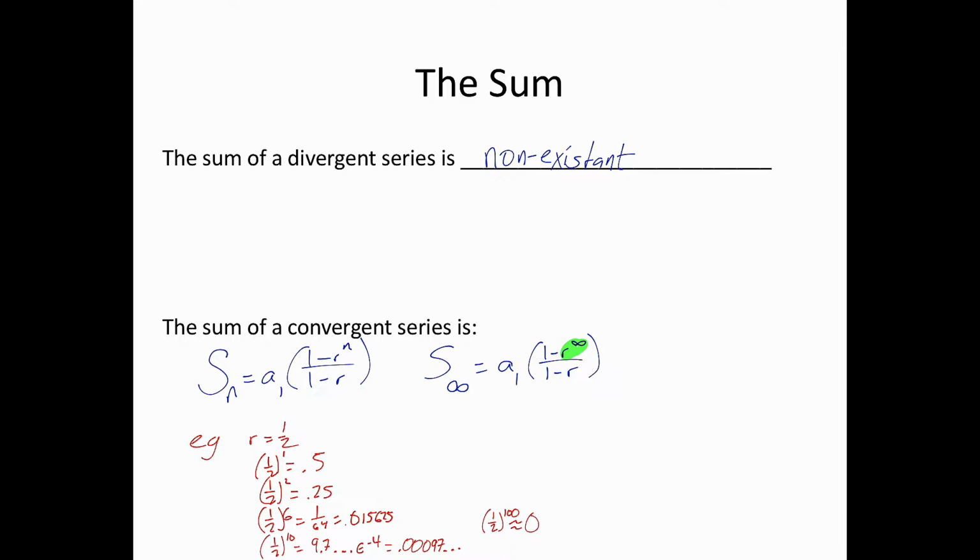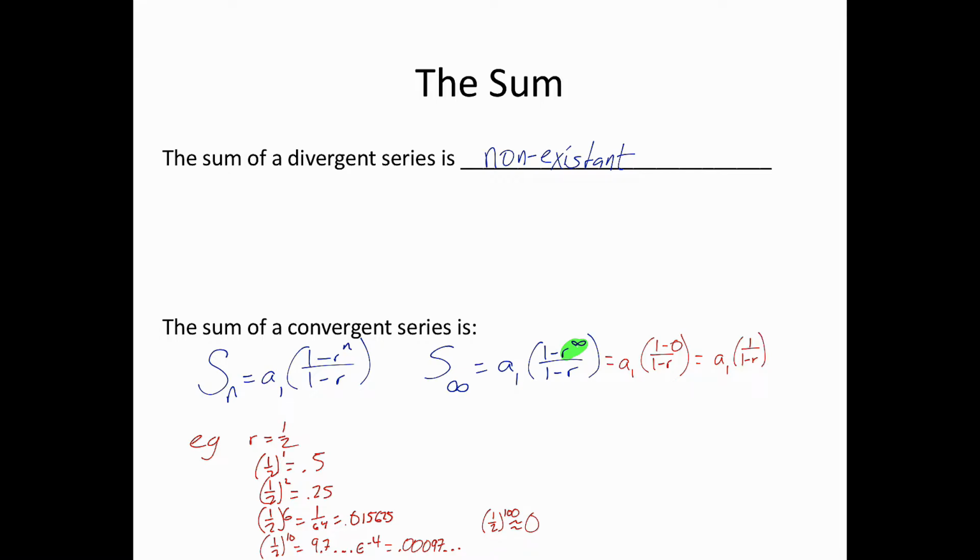So, since r is a small fraction, as the exponent gets closer and closer to infinity, r to the infinity goes to 0, and we're just going to say a sub 1 times 1 minus 0 over 1 minus r. Cleaning that up a little bit, we would have a sub 1 times 1 over 1 minus r.